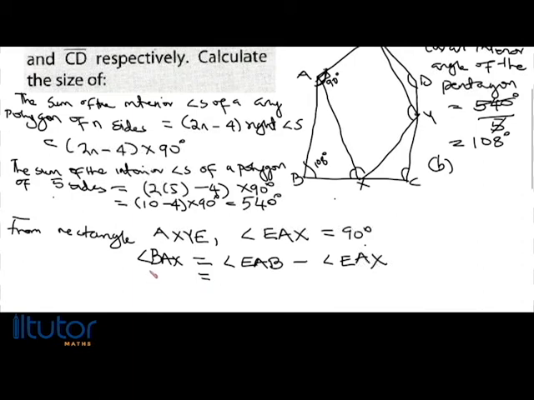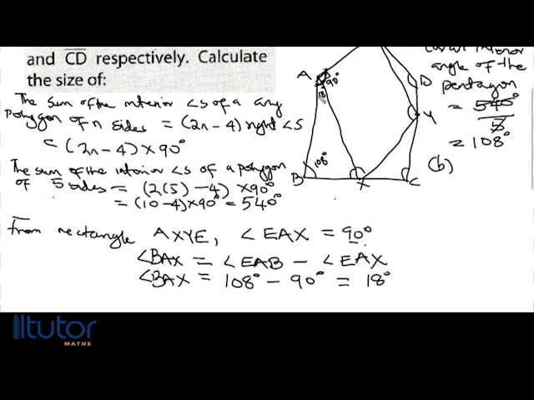So angle BAX is equal to 108 degrees minus 90 degrees, which will give us 18 degrees. So this angle right here is 18 degrees, and of course 18 plus 90 will give you the whole of this angle, which is 108 degrees.